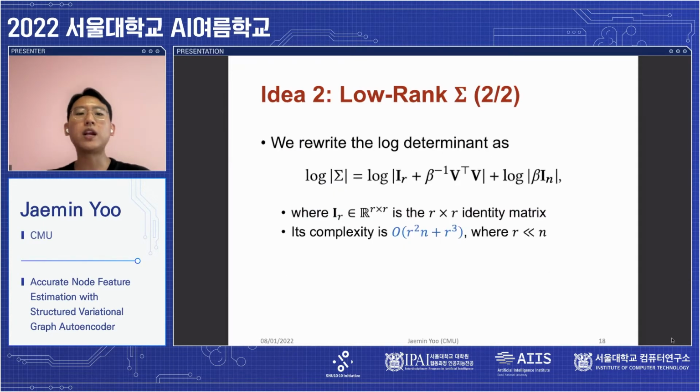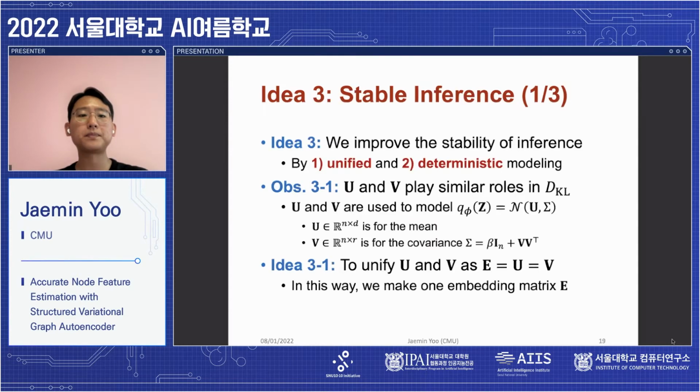As a result, we can rewrite the log determinant term as follows, where I sub r is the r times r identity matrix. The complexity of computing this term is linear in the number of nodes, and r is much smaller than n. So this makes the whole computation much more tractable.